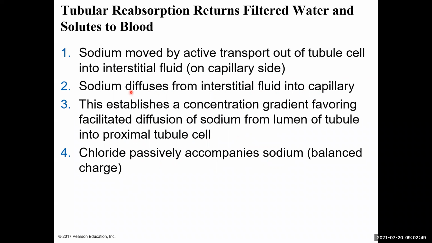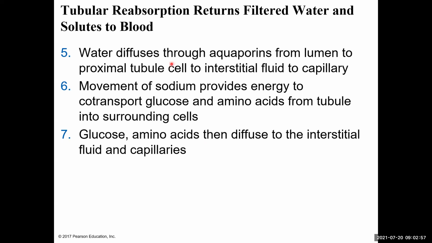So you have this active transport of sodium that leads to a passive transport of chloride. Then your water will diffuse from the lumen of the proximal tubule to the interstitial fluid and then to the capillary. And then the movement of that sodium is providing energy to actually transport glucose and amino acids from the tubule into those adjacent cells.